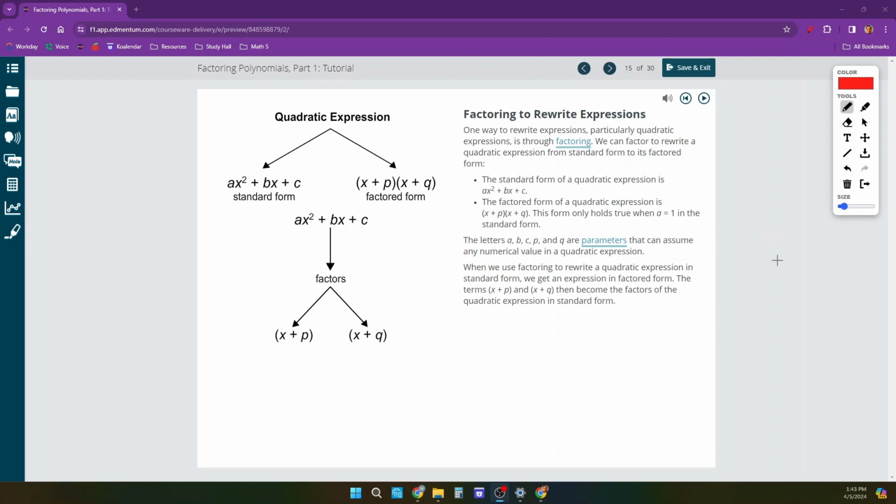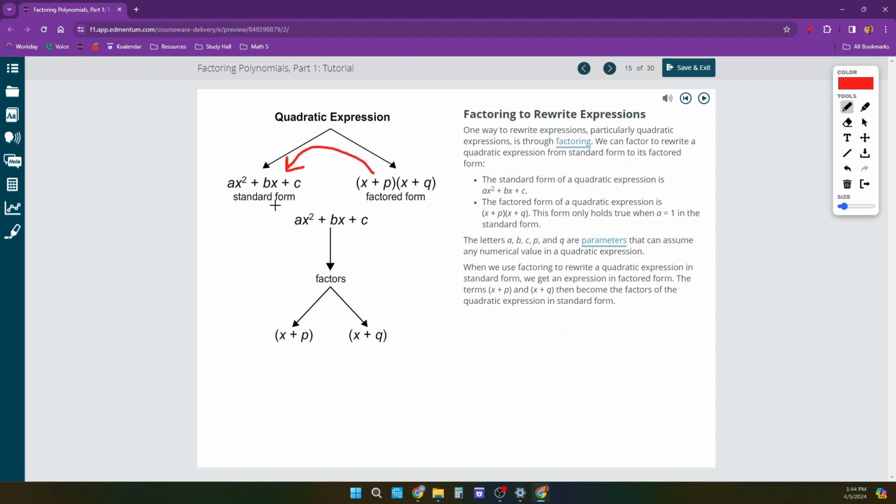So on page 15, we are looking at the different forms of a quadratic expression. One being its standard form, one being its factored form. So we've definitely seen examples where our factored form can become our standard form. That's our whole us distributing and multiplying by polynomials.